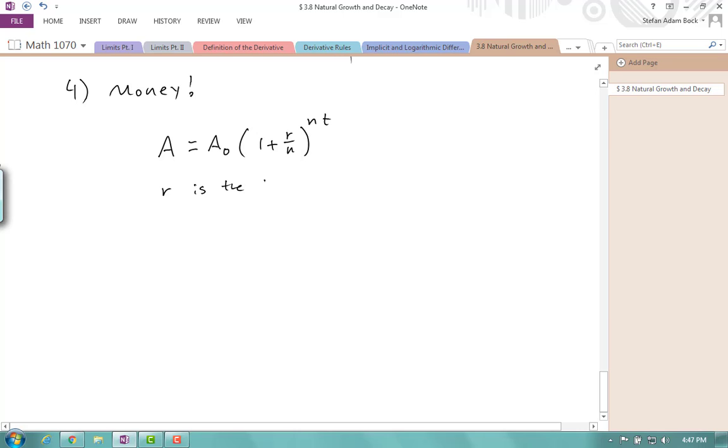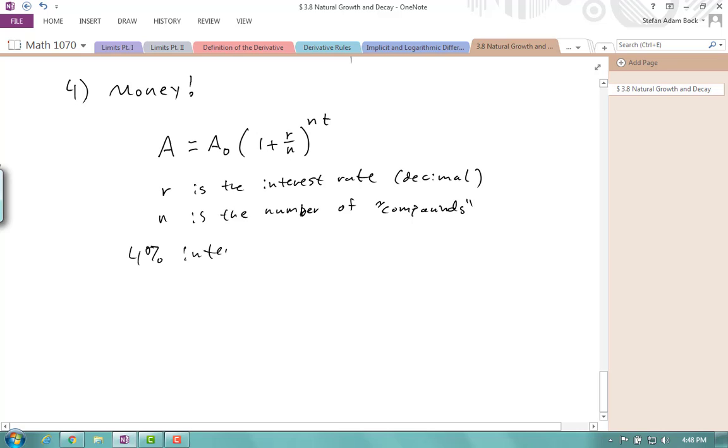Here r is the interest rate in decimal form, and n is the number of times we compound the interest. So if I had a 4% interest rate which compounded monthly, I would have A equal to my initial amount times 1 plus 0.04 over 12, since monthly is 12 times per year, to the 12 times t. And I always calculate these where t is in years.